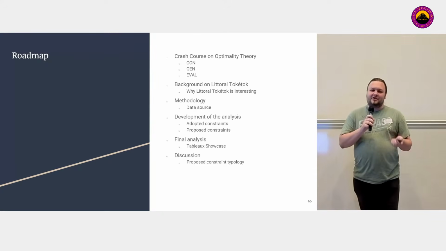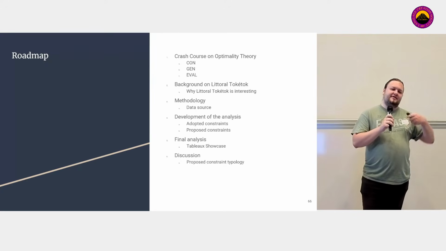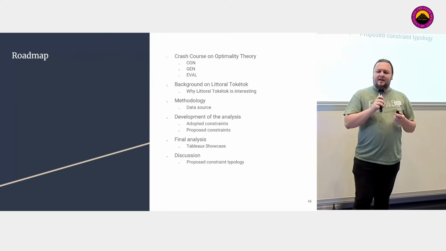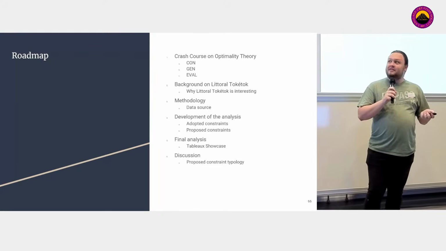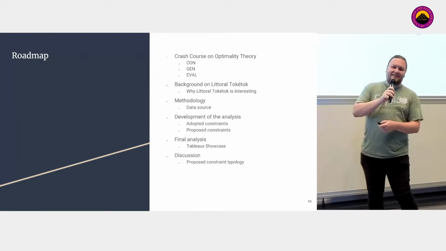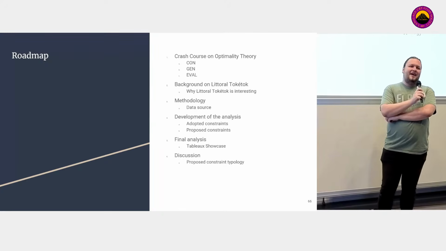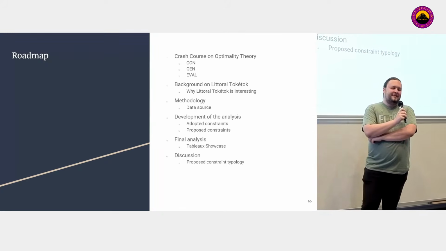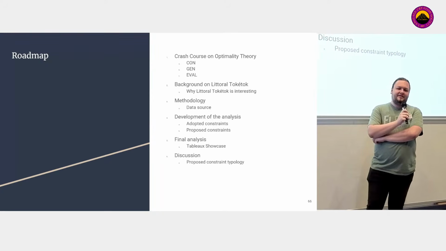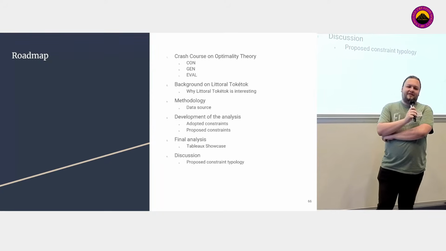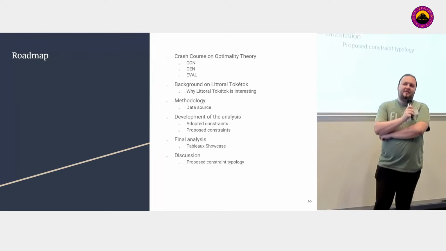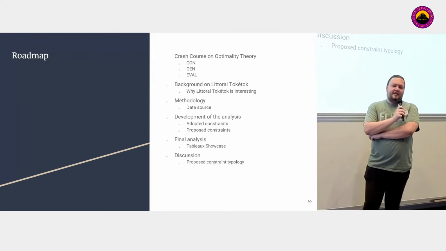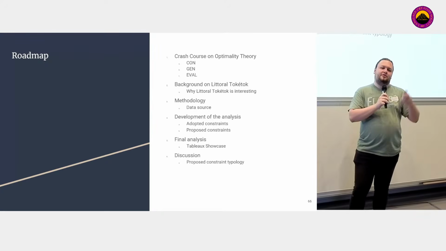So I will quickly give a crash course on optimality theory. This is the theoretical framework that my analysis is couched in. Okay, I'll quickly go over the conlang itself and why it's interesting. I won't get too much into the details of it. I'll briefly detail my methodology, where I got my data that I'm actually analyzing. Then I'll step through the actual analysis.